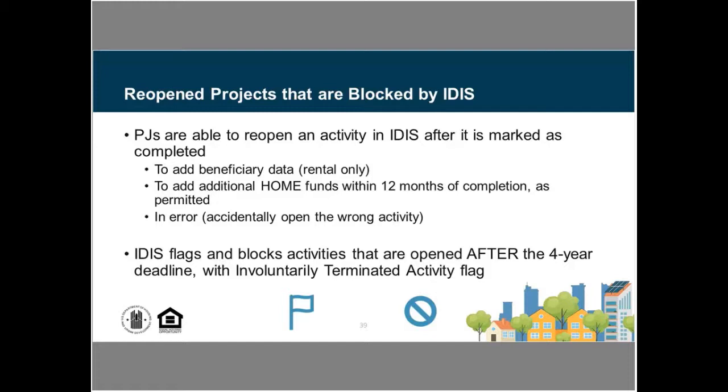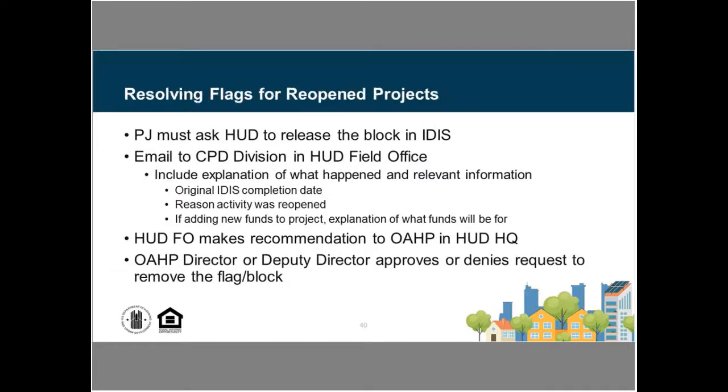And also sometimes we see that just inadvertently, the PJ has opened up the wrong activity. And so we have projects that were correctly completed and marked in IDIS that just inadvertently get reopened. So those projects are going to be flagged by the IDIS system and show as involuntarily terminated. And so would be indicating that there's a repayment that is due for that project.